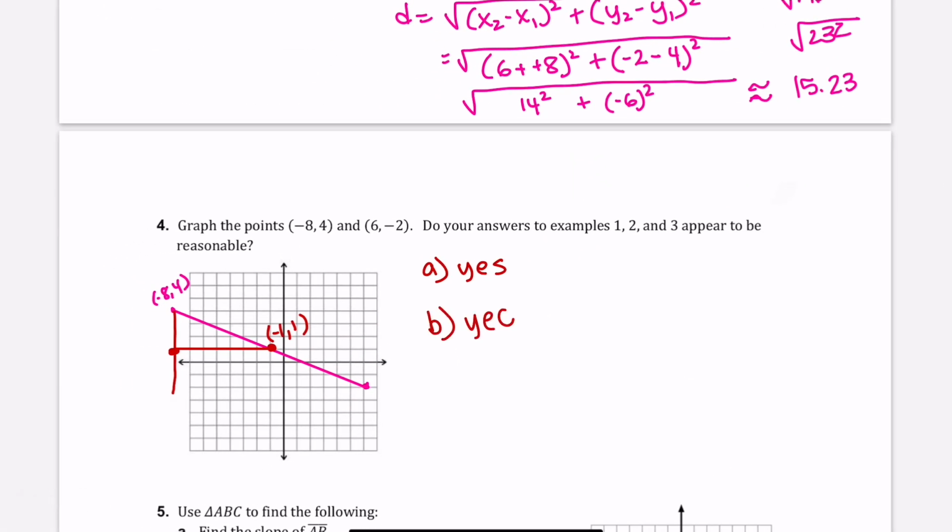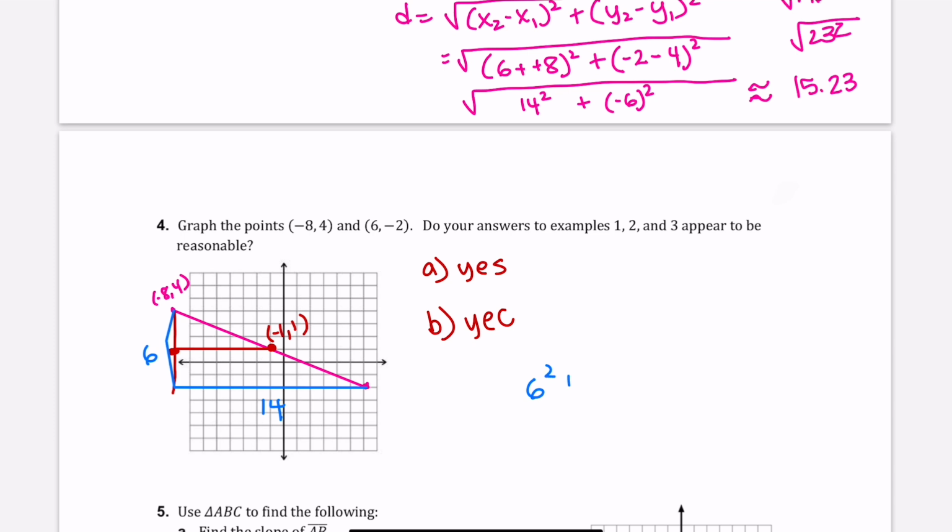The distance is the hardest one, but we can use the Pythagorean theorem. So this is 1, 2, 3, 4, 5, 6 on this side. And we have 8 plus another 6 is 14 on this side.